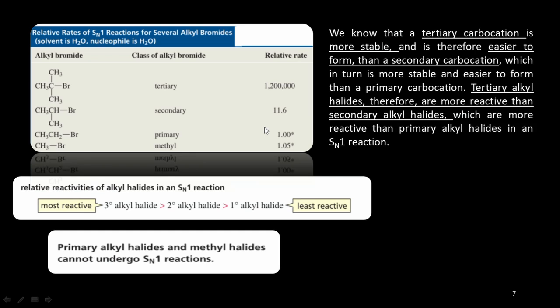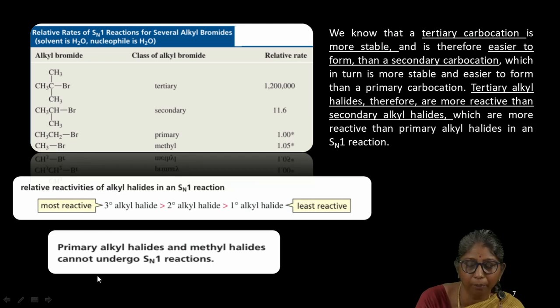So what is the point here? The tertiary carbocation is more stable and therefore much easier to form than a secondary carbocation, which in turn is more stable and easier to form than a primary carbocation. Like that, tertiary alkyl halides are always more reactive than secondary ones.